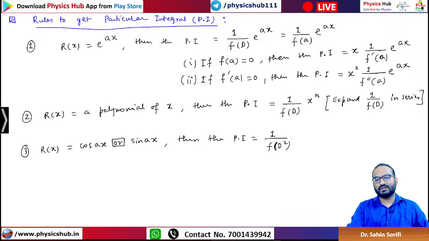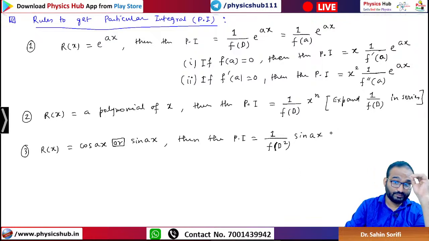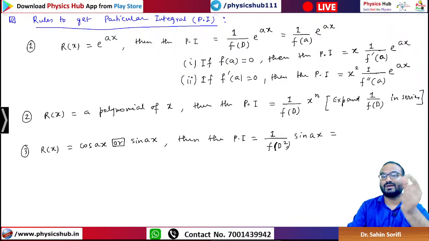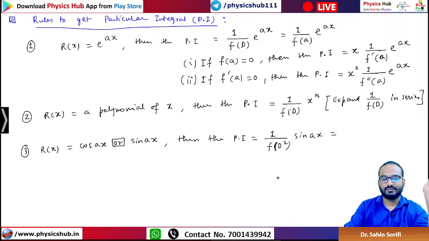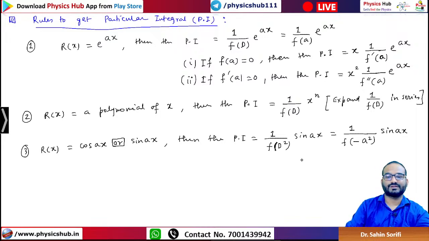Every time we were placing f of D, but here it is f of D square sin x. So instead of D square you have to put minus a square, not minus a whole square, it is minus a square. This will be a negative number, isn't it? 1 upon f of minus a square. Remember this thing. Sin x or cos x, both are valid.